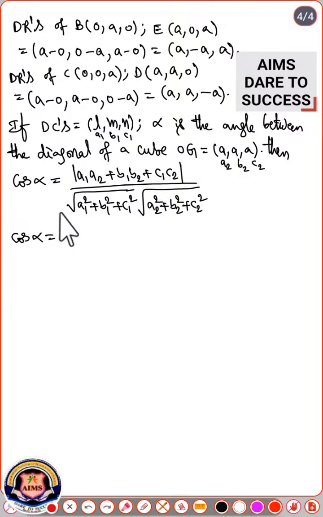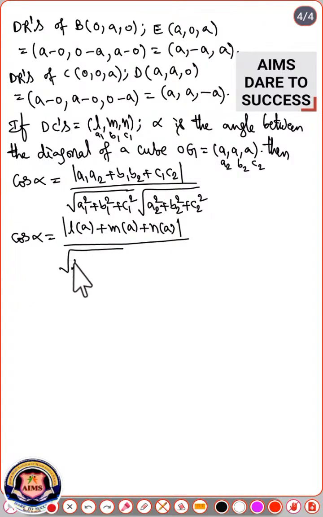We get cos alpha is equal to mod of A1 is L into A2 is A, plus B1 is M into B2 is A, plus C1 is N into C2 is A, whole divided by under root L square plus M square plus N square into under root A square plus A square plus A square.